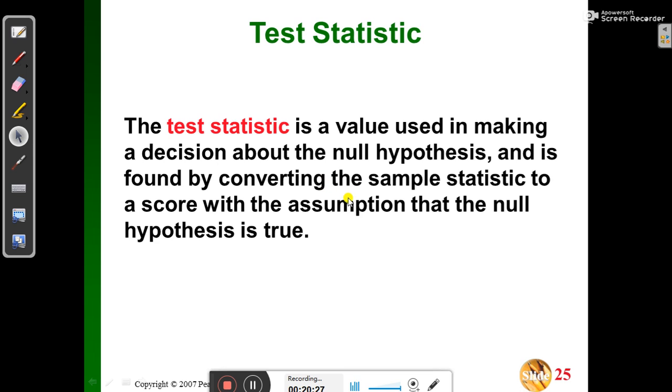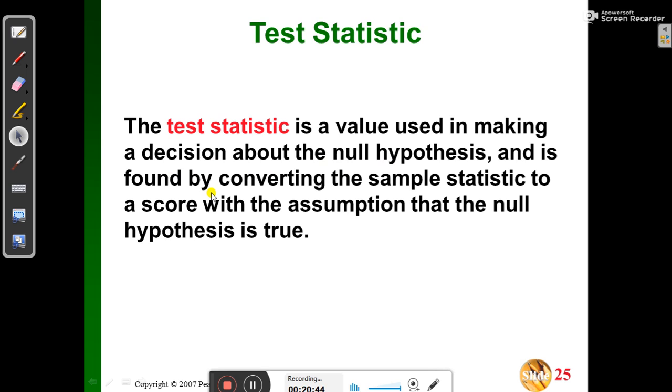So our main aim here is to find a value which can be used in the decision-making process about the null hypothesis.